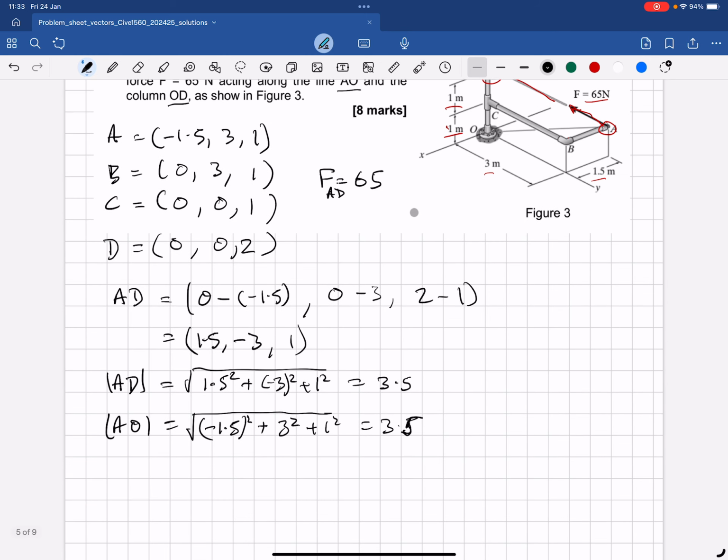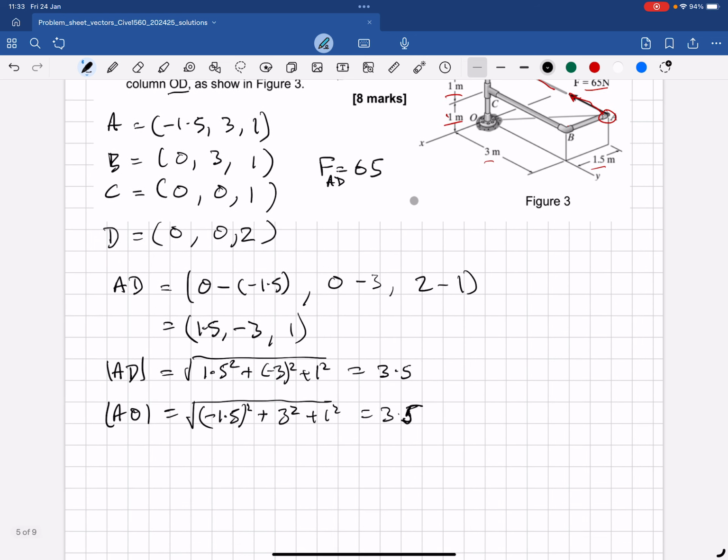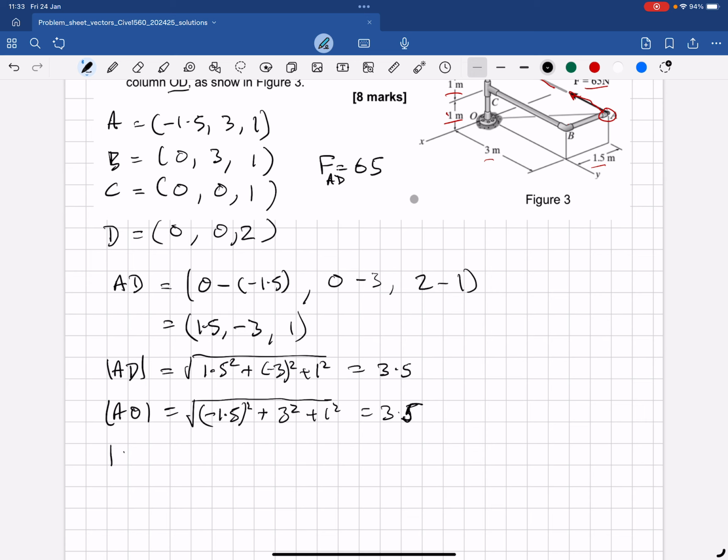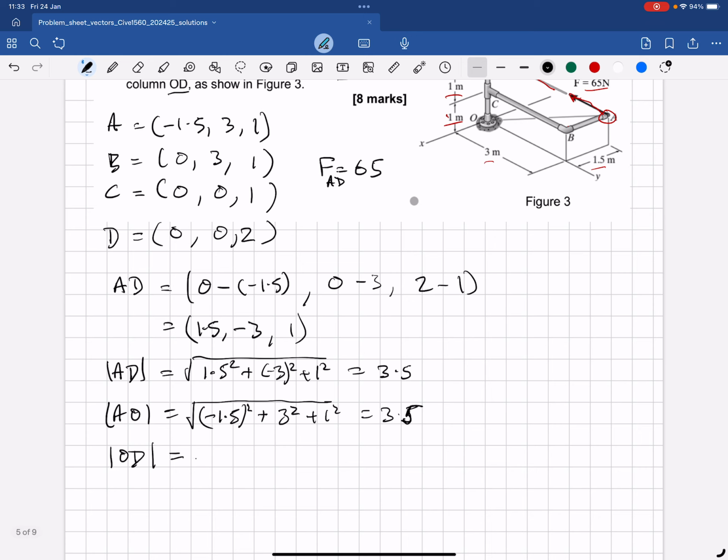Because we've been asked to calculate the force in action OD, we're also going to need the magnitude of OD, which will be just the square root of 0 squared plus 0 squared plus 2 squared, which equals 2.